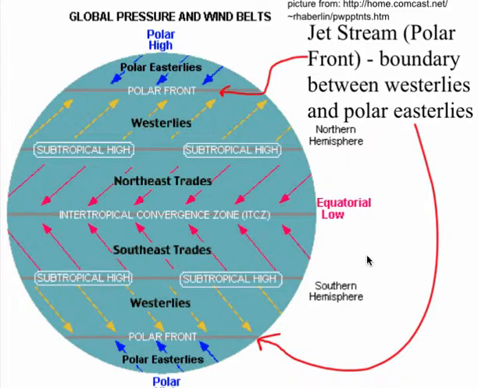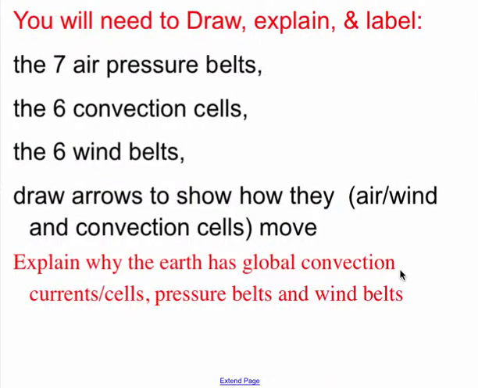If you want a little fun fact, the polar jet stream or the polar front is the boundary between the polar easterlies carrying cool air and the westerlies, which often carry warmer air. So in the winter, when we get all those polar vortexes, it's when this boundary is pushed further south than us. This is awesome. In review, you have to be able to draw, label, and explain all these things.